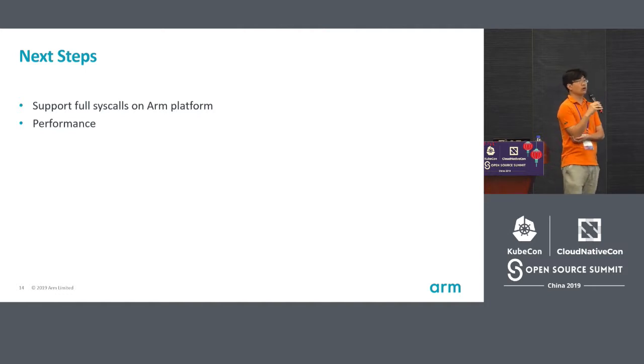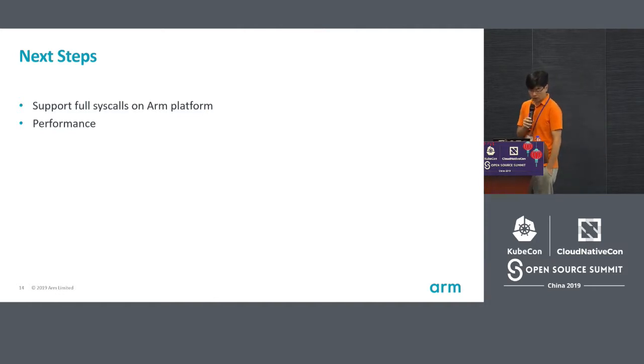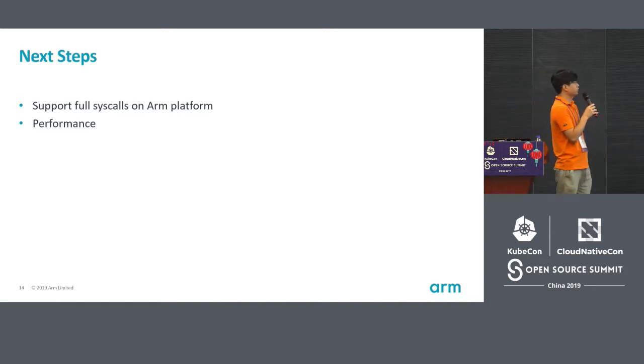For the next step, there is quite a lot. First, we want to push the codes on our hand to upstream, and also in the kernel, we also have some patches that we need to submit for the kernel.